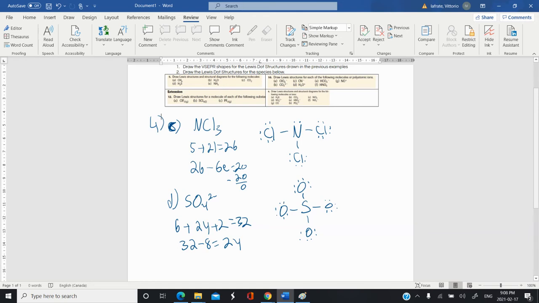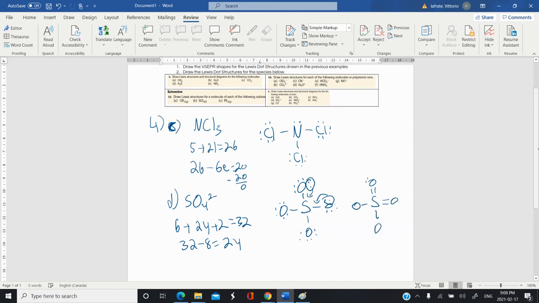And we can put our square brackets around it, but keep in mind this is a 2 minus molecule. Typically in a 2 minus molecule, what that means is that 2 of the oxygens are single bonded and the other ones are double bonded. So we can just choose any 2 to make them double bonded to the sulfur. And sulfur can handle it because it has an expanded octet since it's in period 3. So you have to make sure that it's in period 3 if you're doing this.